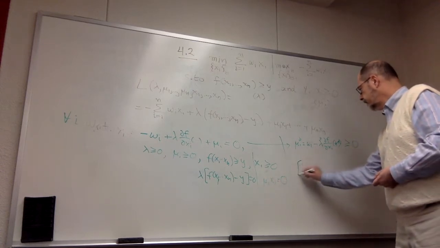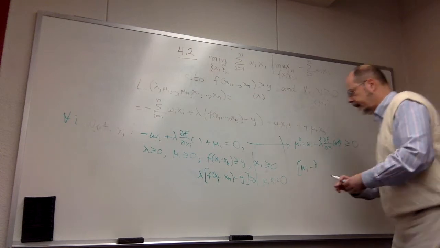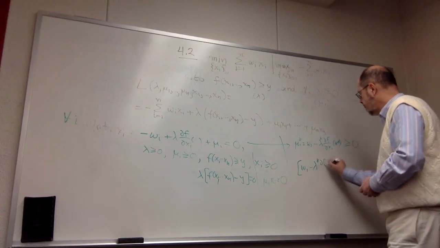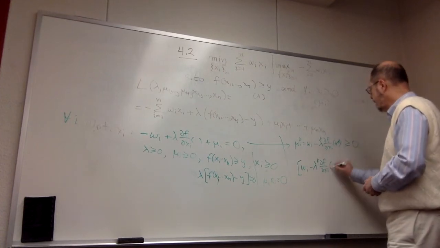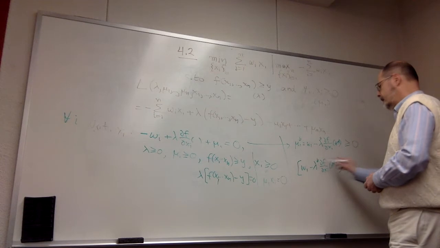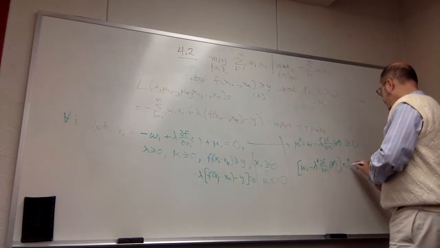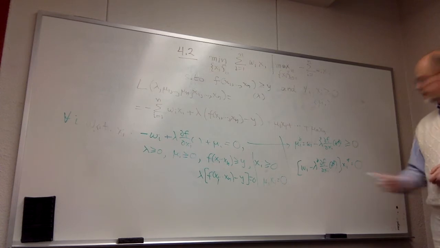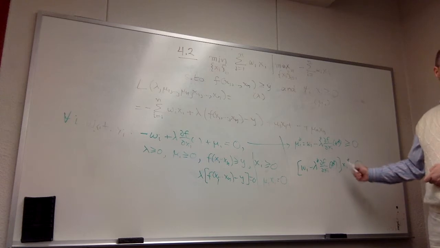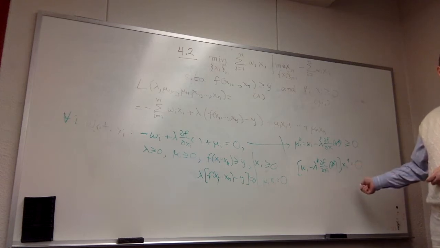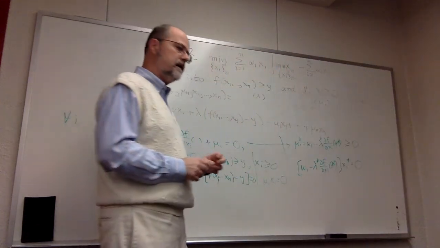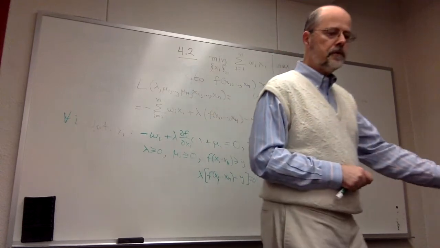So this can be written like that. But if you take that difference and multiply it by x_i star, the product should be 0. So there you have it. That's the reason you get those Kuhn-Tucker inequalities.